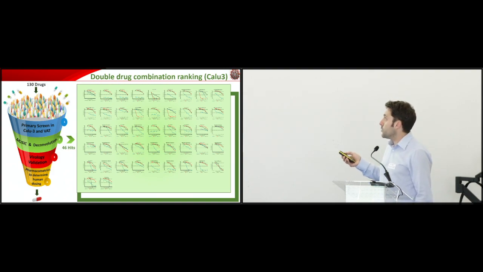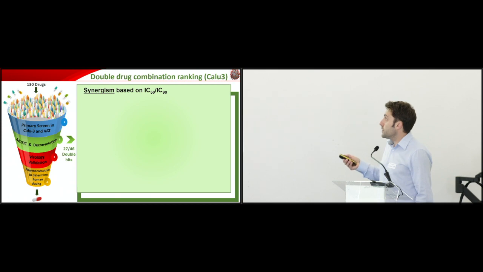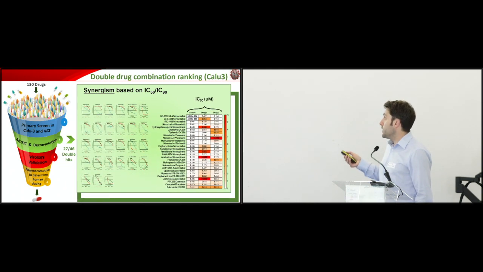And it also allowed us, importantly, to select the most synergistic combinations, meaning the combinations that showed an increased potency when combined compared to the potency of the single drugs alone. We use IC50s and IC90s to measure this. And from that list of 46, we could filter it down to 27 combinations of interest.